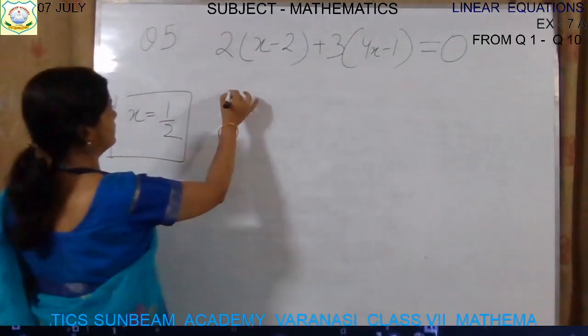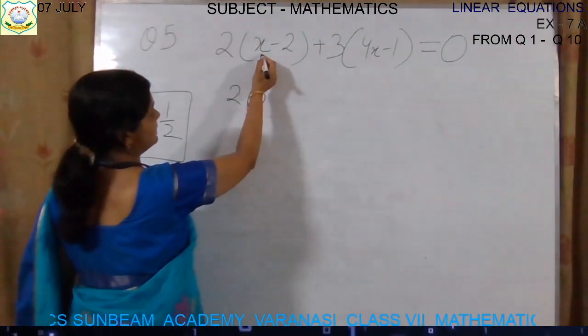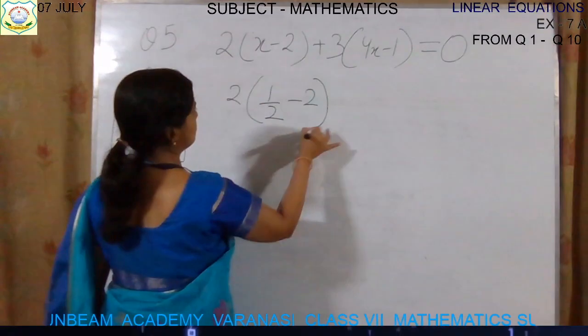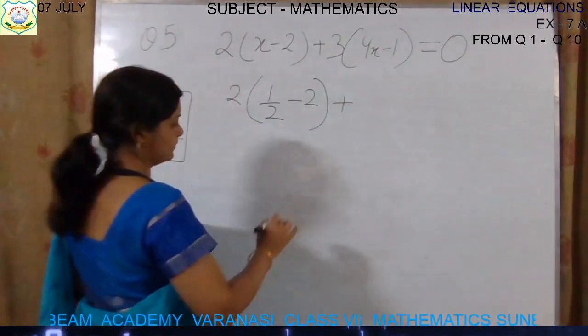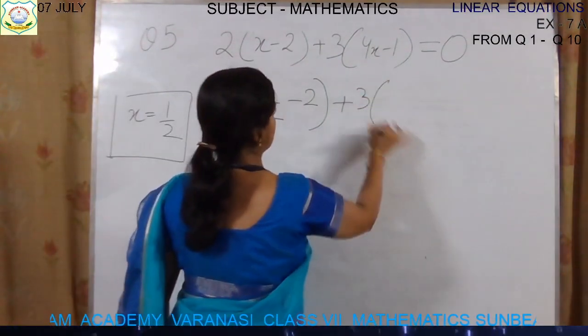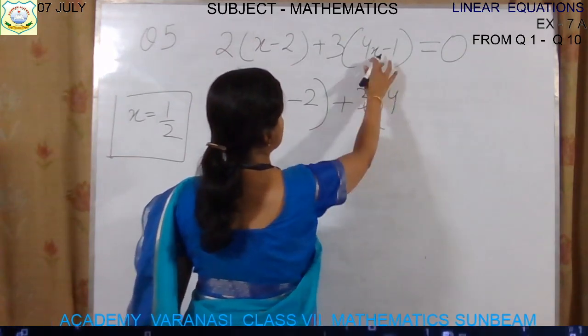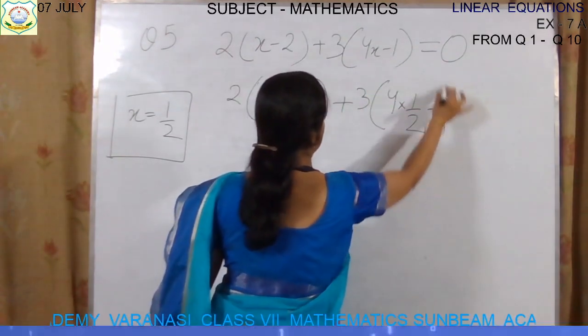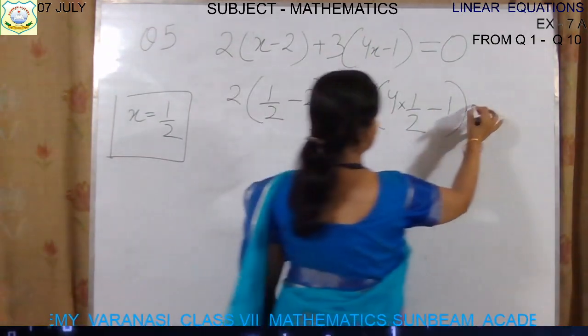So just see, 2 into X; in place of X, it is 1 by 2, minus 2, plus 3, 4. In place of X, you will write 1 by 2, minus 1 is equal to 0.